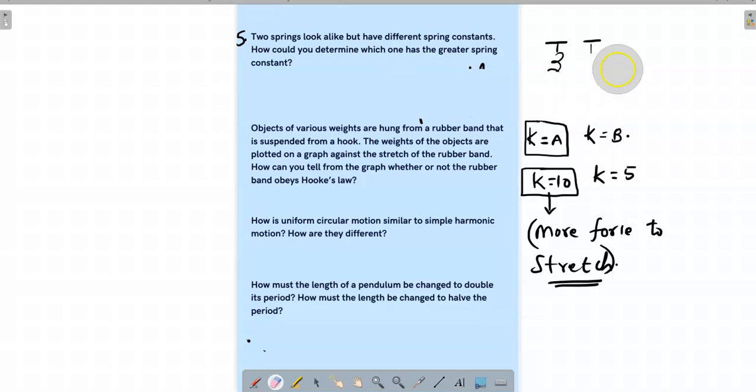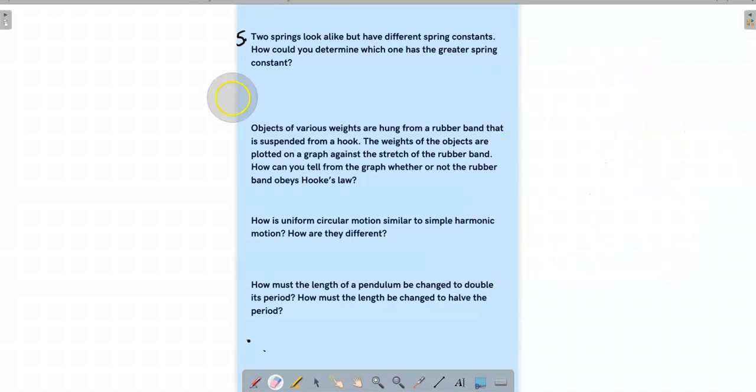Question number 6. Objects of various weights are hung from a rubber band that is suspended from a hook. The weights of the objects are plotted on a graph against the stretch of the rubber band. How can you tell from the graph whether or not the rubber band obeys Hooke's law?